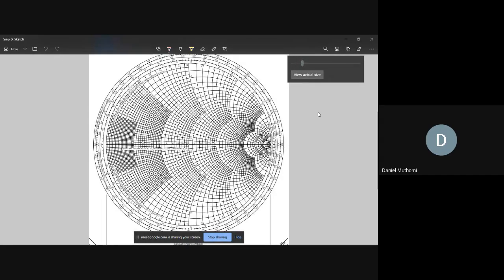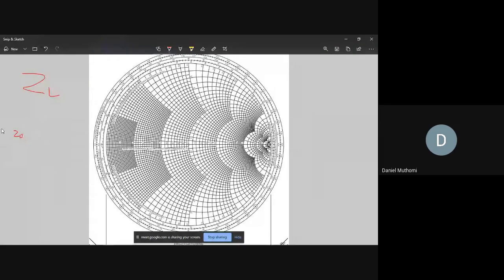So for the first part of the Smith chart, usually you're given a ZL, and you'll also be given Z0.